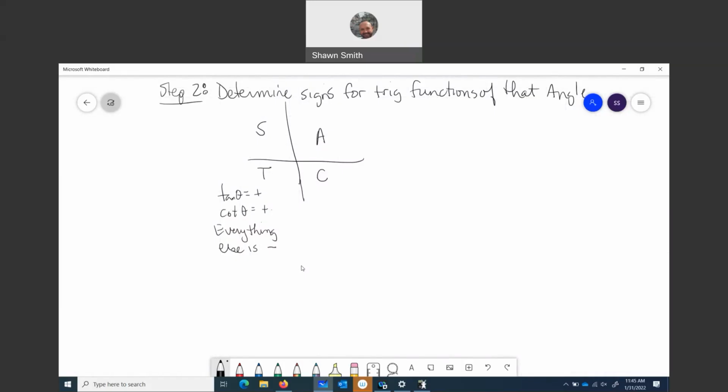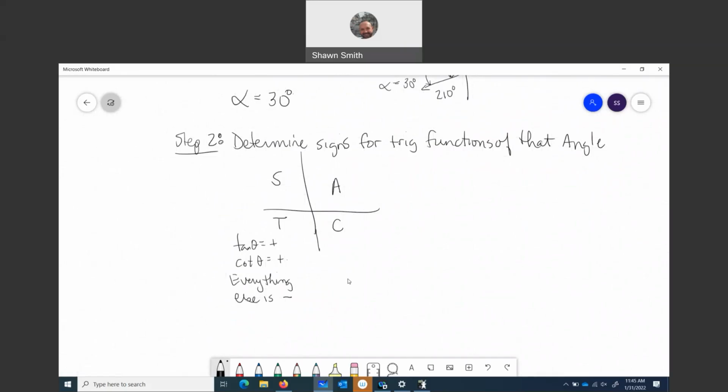All right, so step 3, down a little bit. For step 3, I'm going to look at sine of 30 degrees, cosine of 30 degrees, all those values, and now I just attach the appropriate sign for 210 degrees. So step 3, values of the reference angles. Let's put trig values.